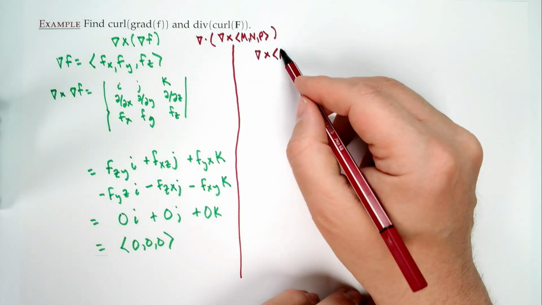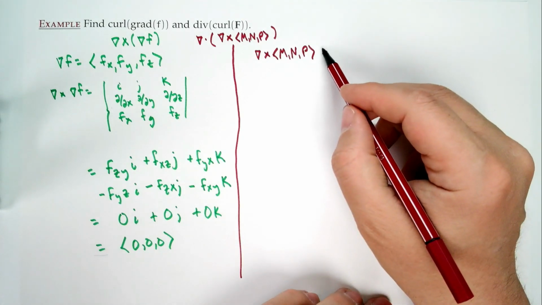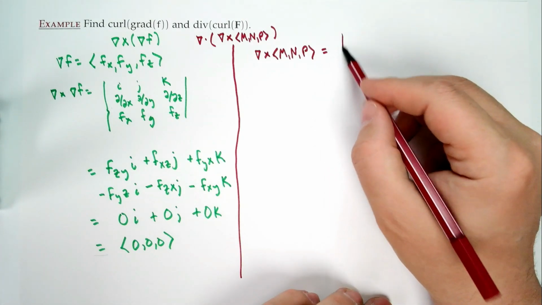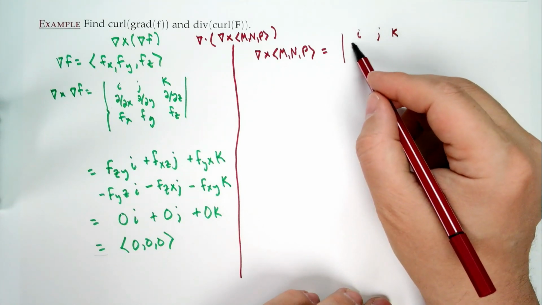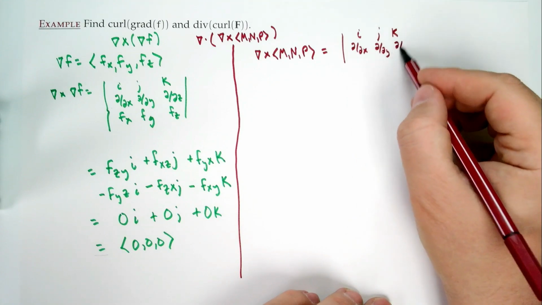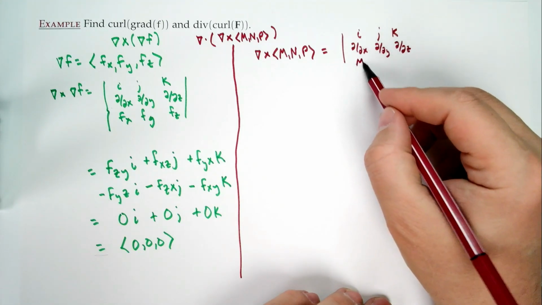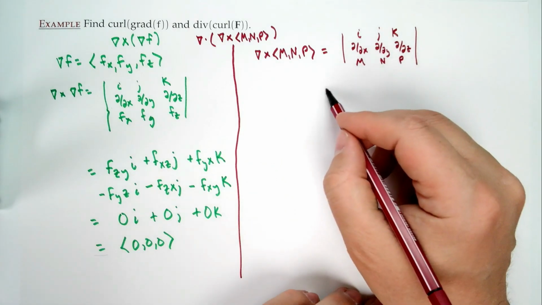cross M, N, P. Well, we could look it up, but we can also just derive it really quick. Okay, I, J, K. Partial X, partial Y, partial Z, M, N, P. Well, what will that be?